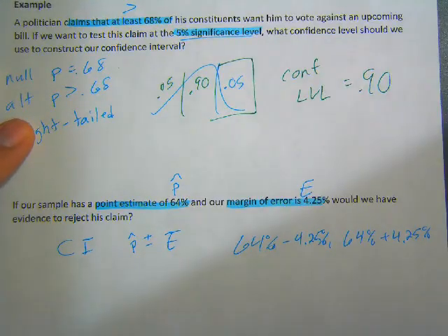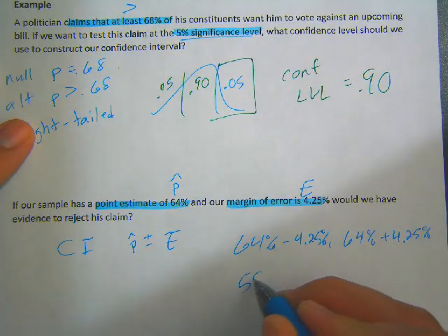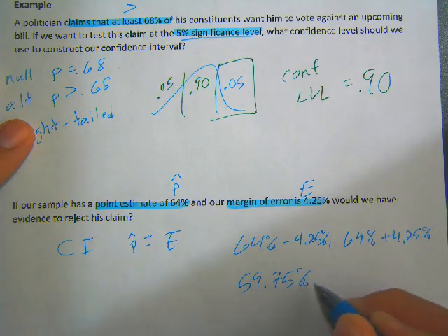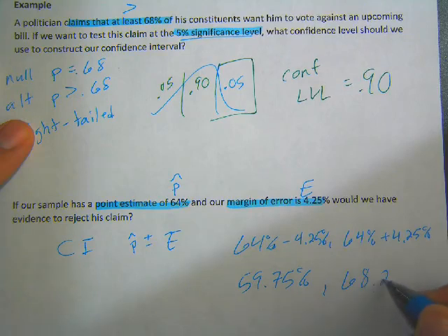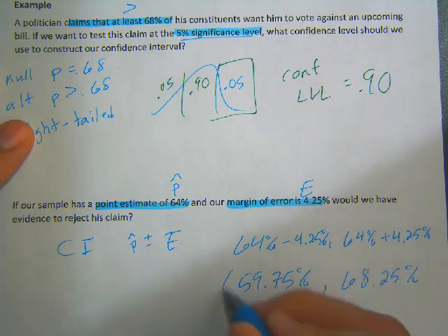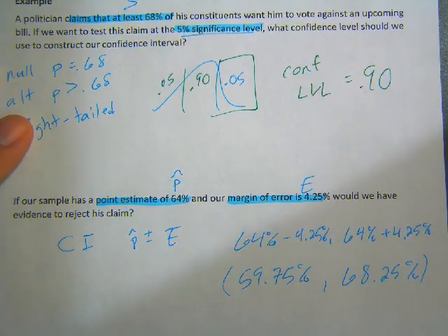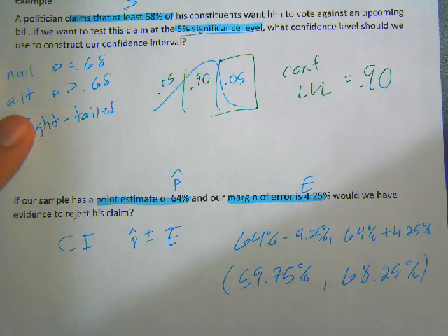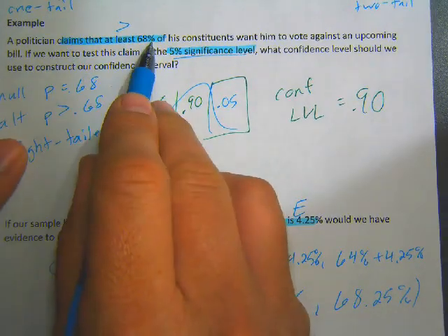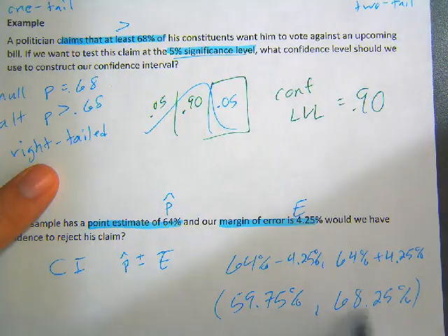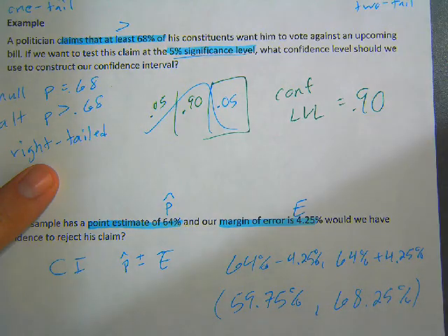64 minus 4.25 is 59.75%. And 64 plus 4.25 gives me 68.25%. So that would be my confidence interval. I'd look at this and say, based on this, do I have enough information to reject? Well, because my claim value is 68%, and the claim value is in this range, I can't reject it.